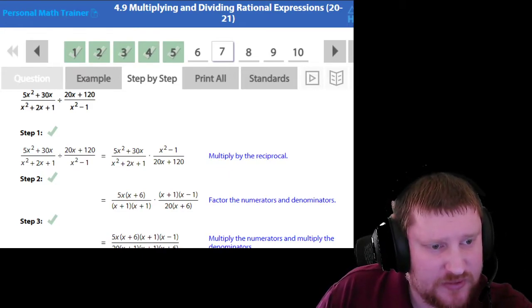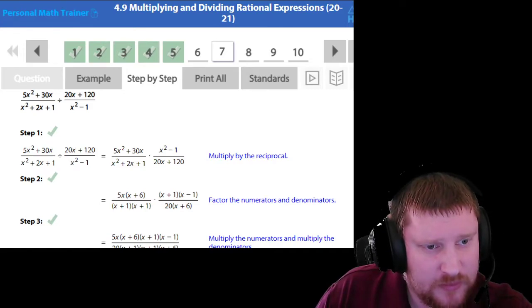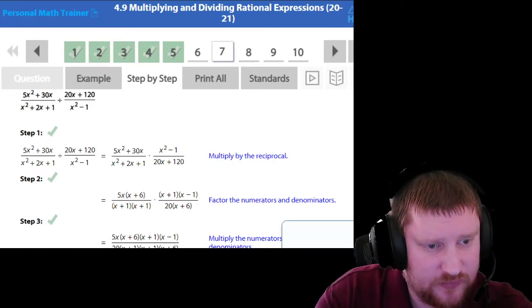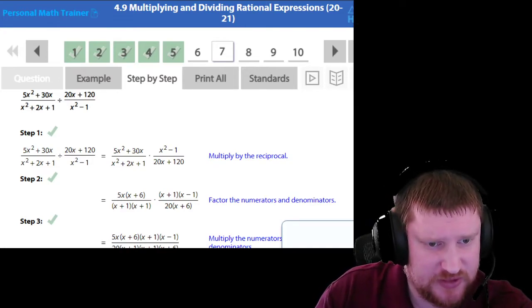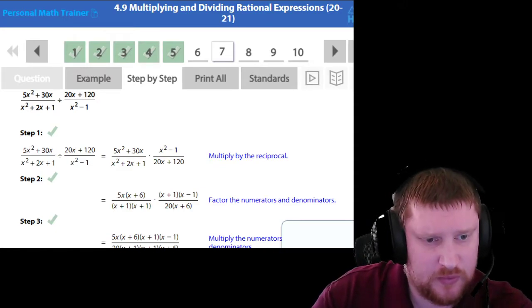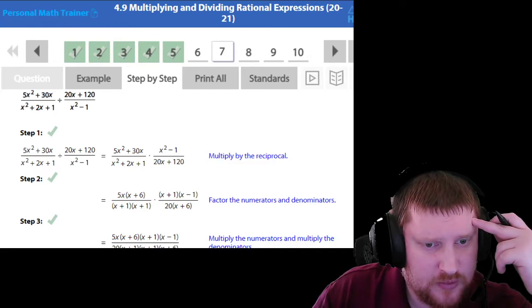Cancel the common factors in the numerator and denominator. We did that. So then the excluded values are -1, -1, and -6. Try again.